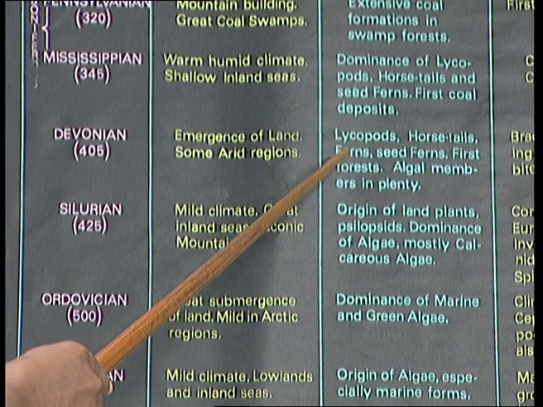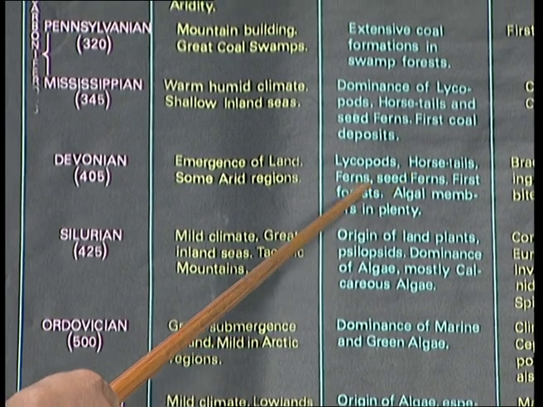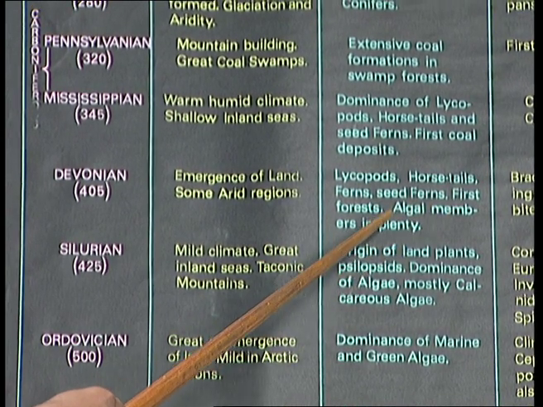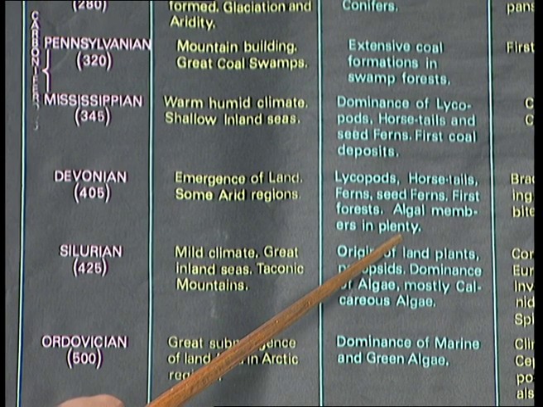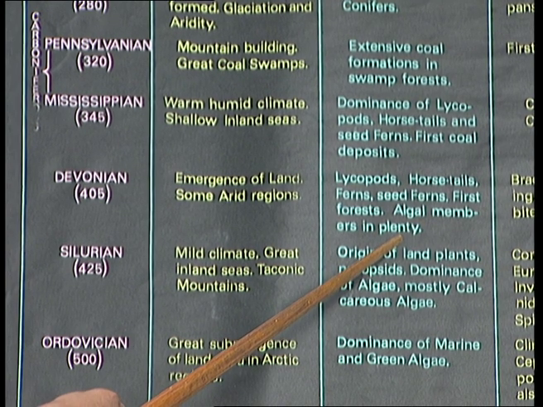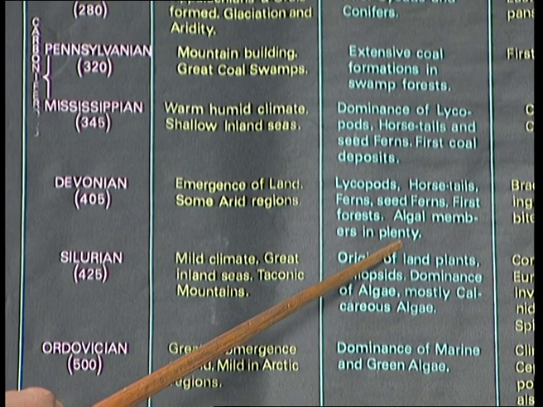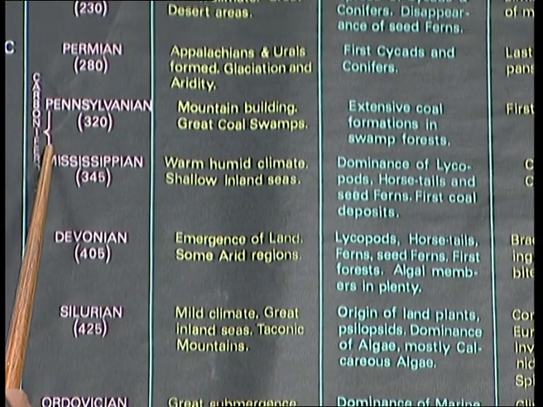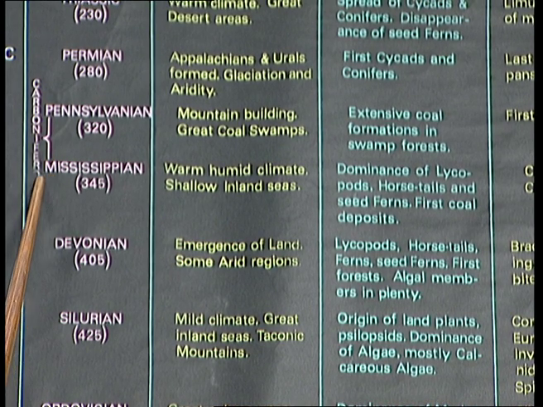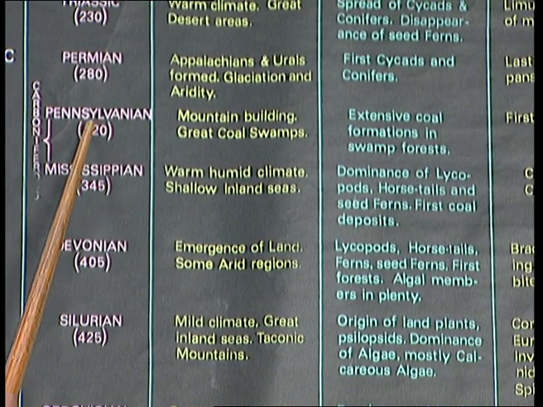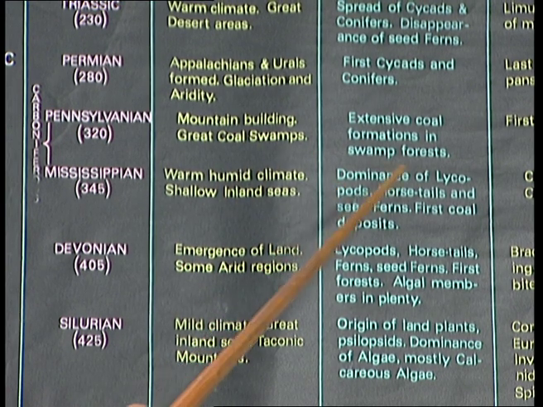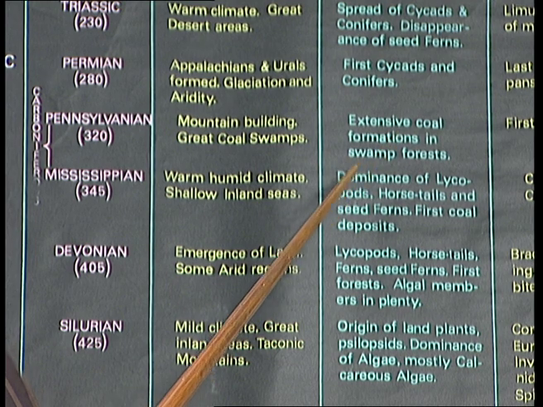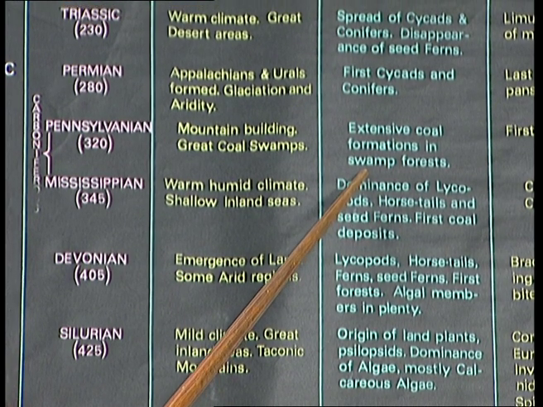During the Devonian period, lycopods, horsetails, ferns, seed ferns, the first forests, and algal members in plenty survived and were recorded as fossils. During the Paleozoic era, in the Carboniferous period, which was divided into Mississippian and Pennsylvanian, dominance of lycopods, horsetails, and seed ferns, and extensive coal formations in swampy forests were recorded.